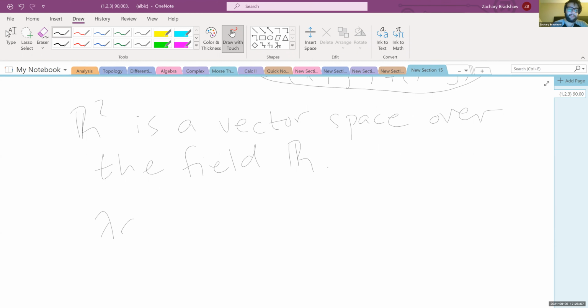So if we take some number lambda in R, we can multiply it by, say, x, y in R2: lambda times (x, y), and this is (lambda x, lambda y).